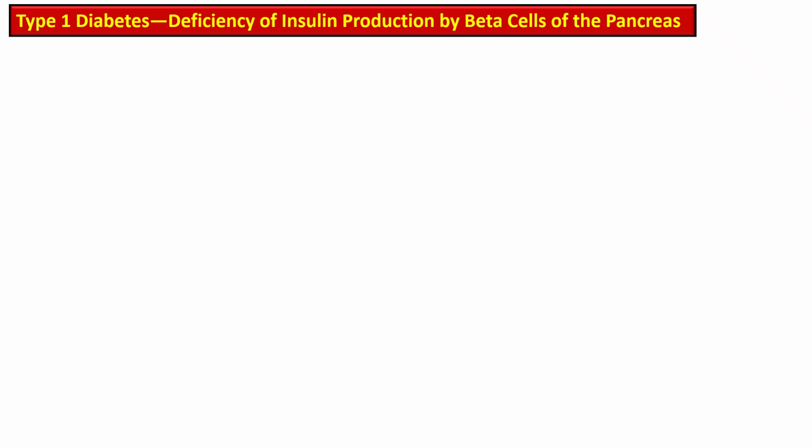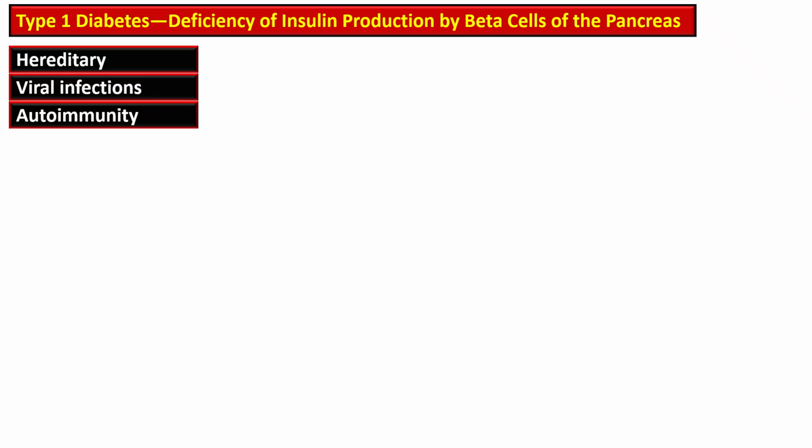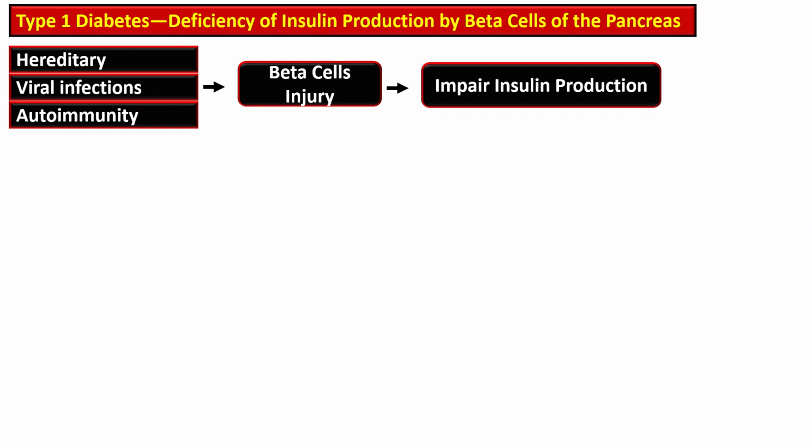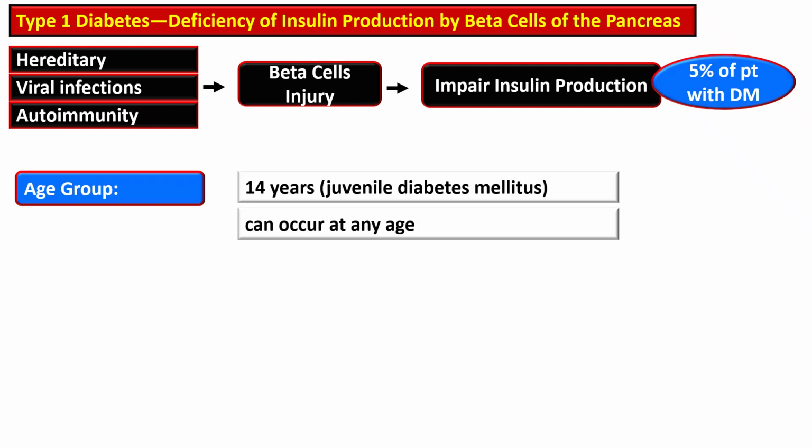Deficiency of insulin production due to damage or destruction of the beta cells in the pancreas leads to type 1 diabetes mellitus. The contributing factors are autoimmune disorders, where the immune system attacks the beta cells.